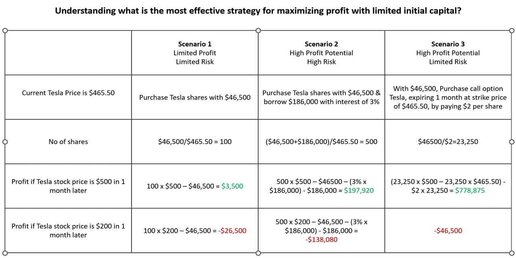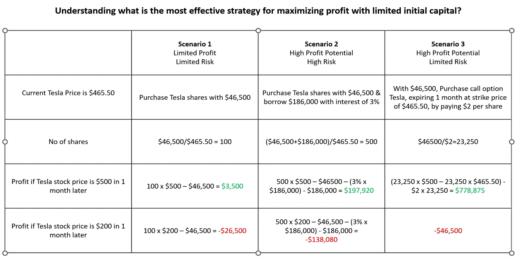Scenario 2 is using borrowed funds, you call it leverage, margin, or debt to buy more shares than those you could buy with just your available capital. Scenario 3 is using derivatives, for example options, using your available capital to buy these options rather than the shares themselves.